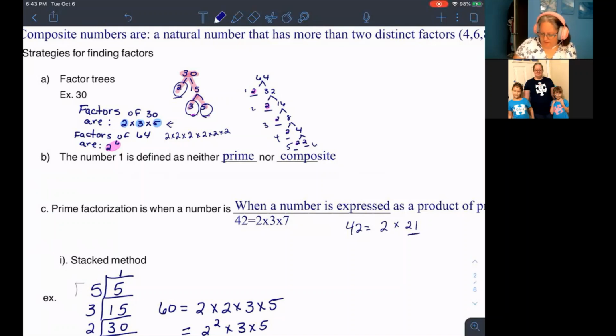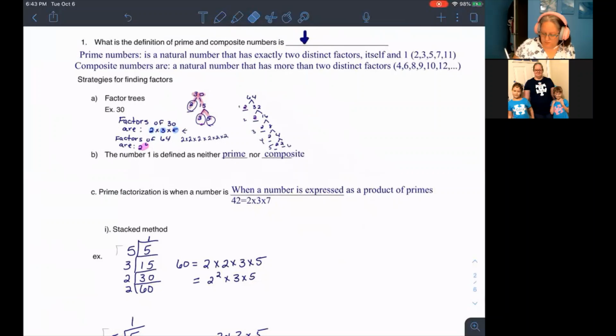It can be broken down into 7 and 3. So the expression has to be all prime numbers. So 42 would be the same as 2 times 3 times 7 to make it a prime factorization.